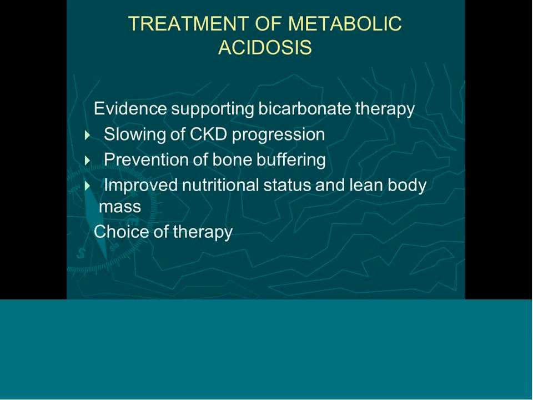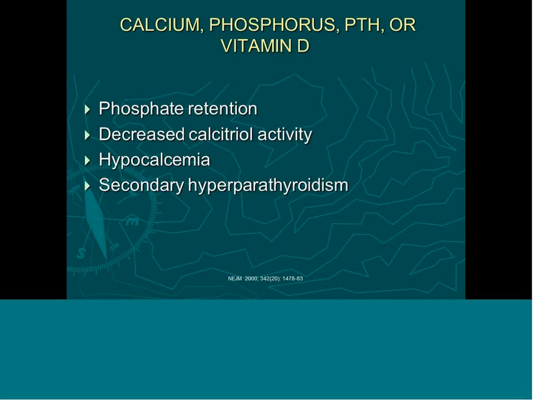About the bone mineral disorders that occur in chronic kidney disease: calcium, phosphorus, PTH, and vitamin D. As the amount of nephron mass decreases, we have more phosphate retention. As you know, the kidney converts 25-hydroxyvitamin D to 1,25-hydroxyvitamin D, which is the active form, via the 1-alpha hydroxylase enzyme.